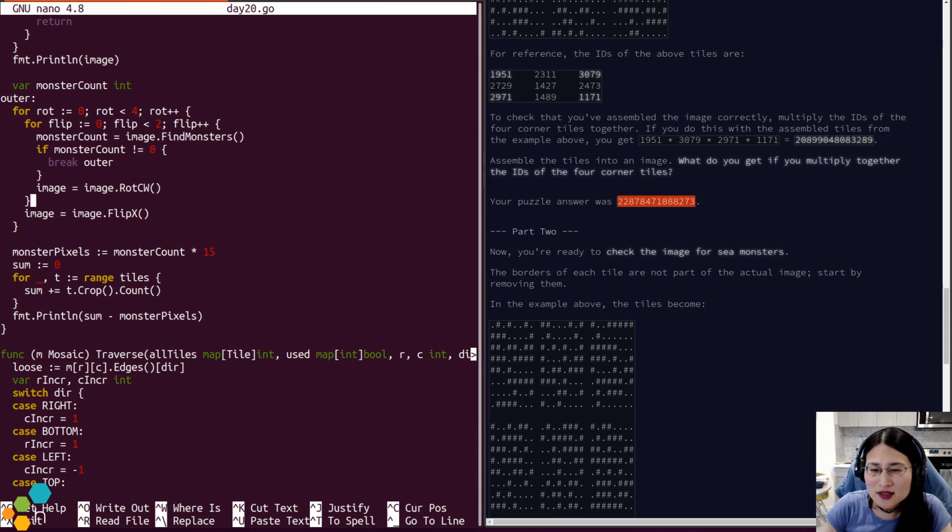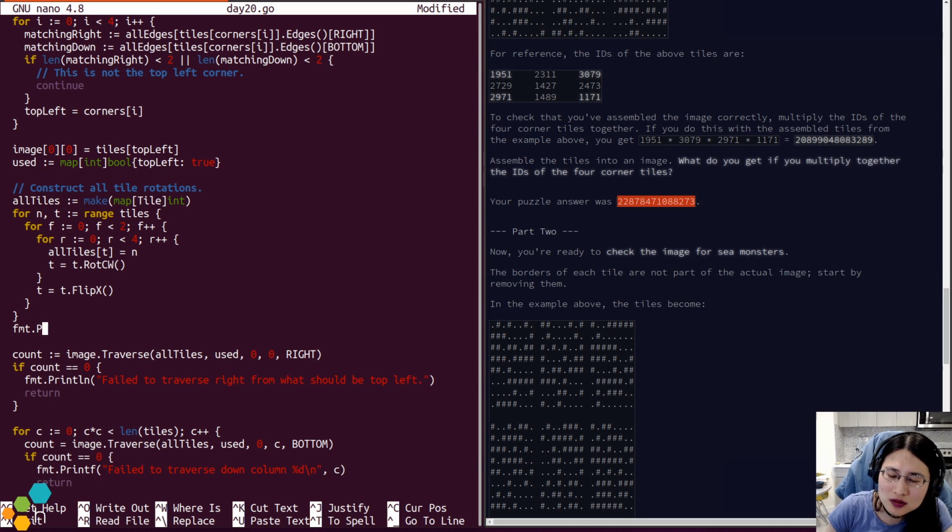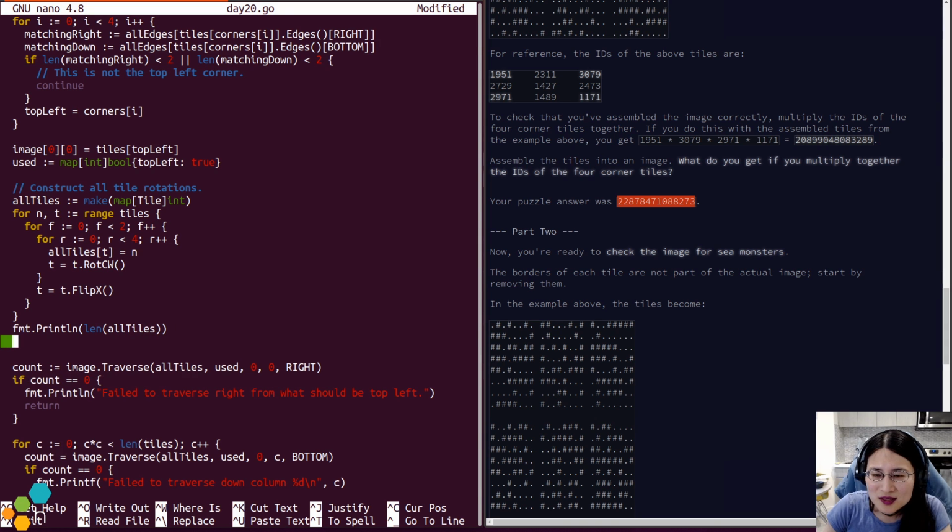Okay, so let's print a couple of these. I'm curious what the, let's print the count, let's print the length of all tiles, and let's print the length of tiles.